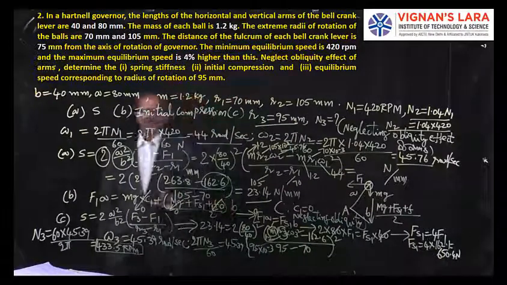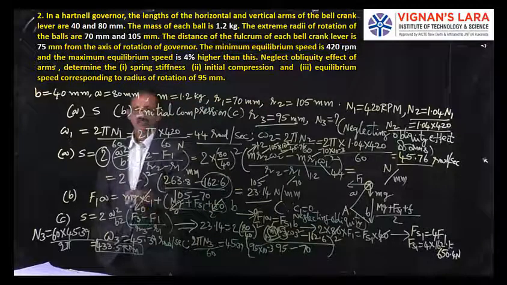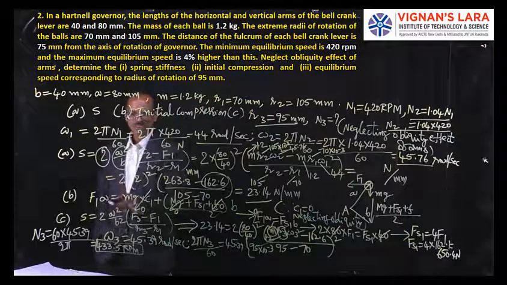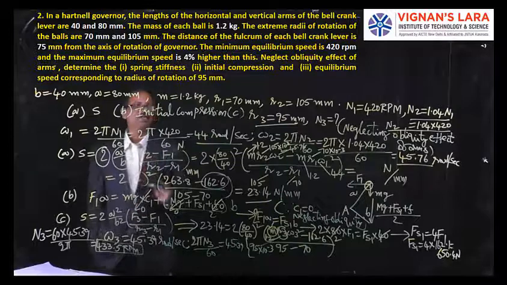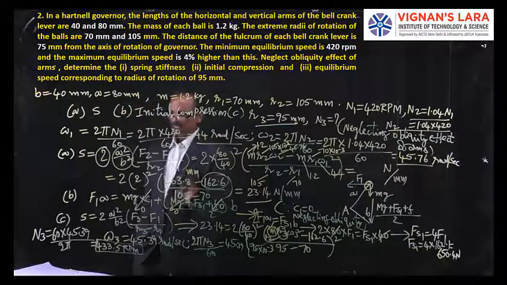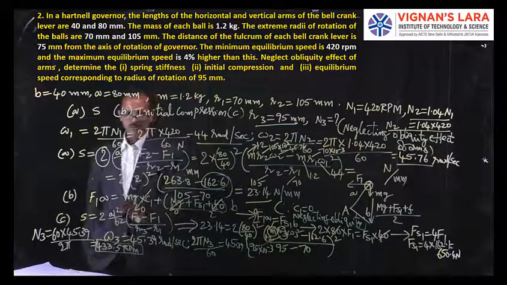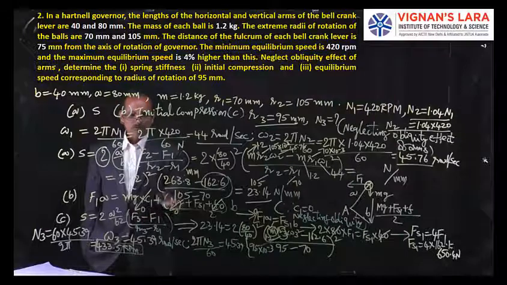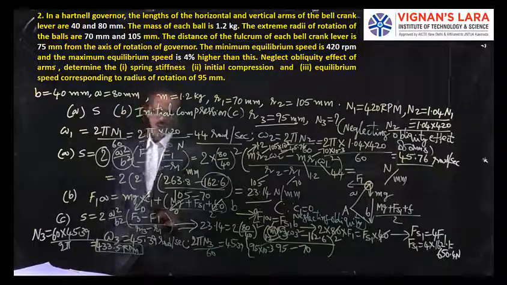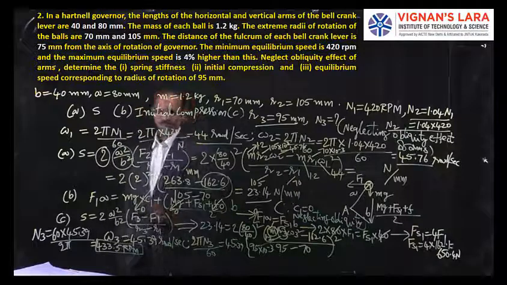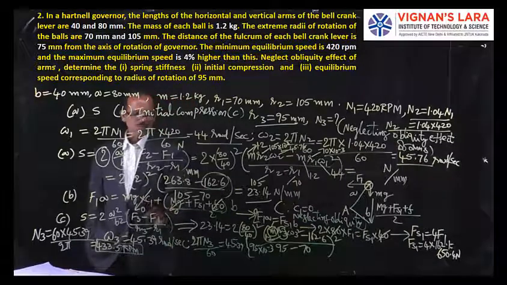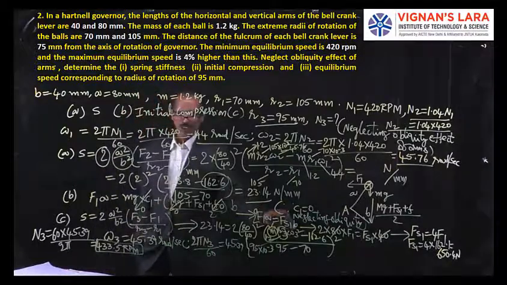For this, the fundamental equation we used is that the stiffness of the spring, already evaluated in the first stage, is equated to 2a square by b square into the two different centrifugal forces and their corresponding radii, that is, F3 minus F1 by R3 minus R1. In place of F3 we write m R3 omega 3 square.